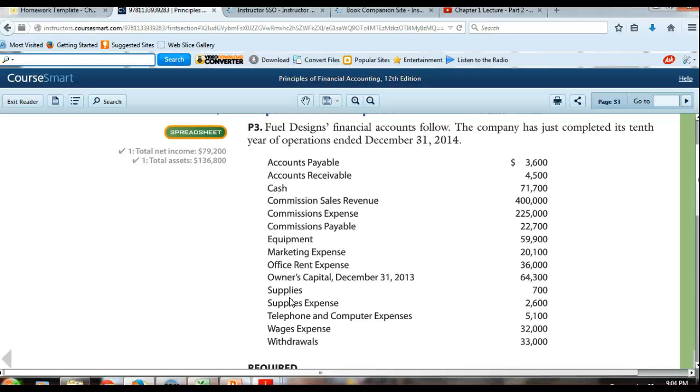What are liabilities? Payable, accounts payable. No. What's an expense? Who wants to smack them? Commissions payable. Is that a liability? Guys, whenever it says the word expense, what do we do with it?